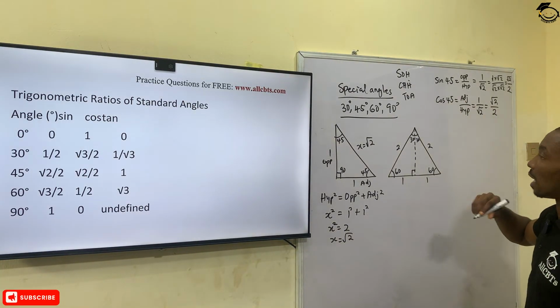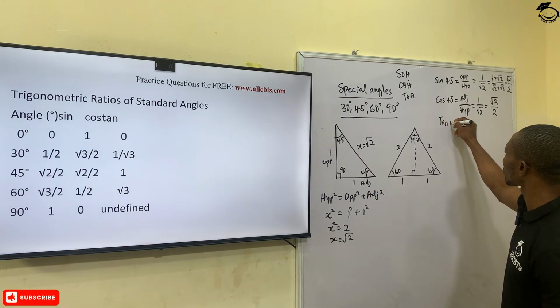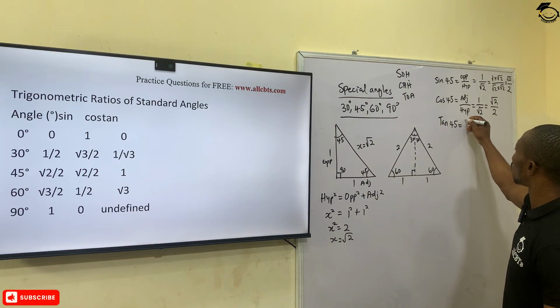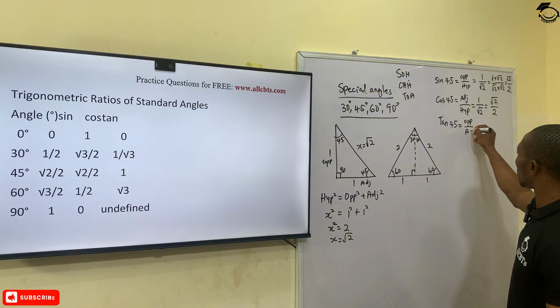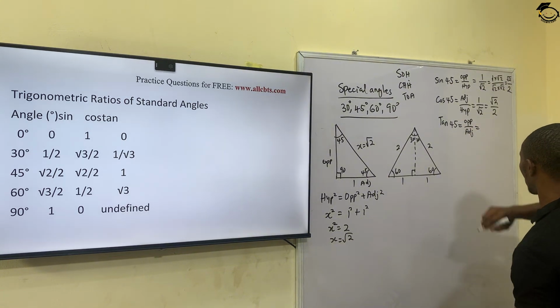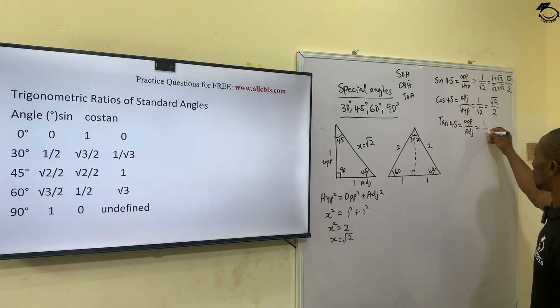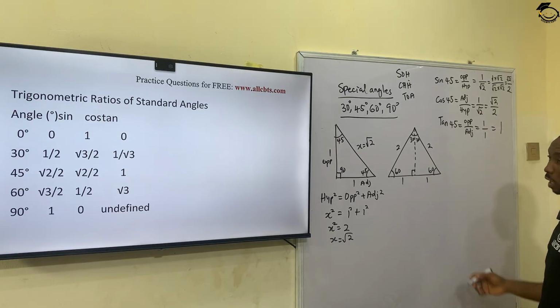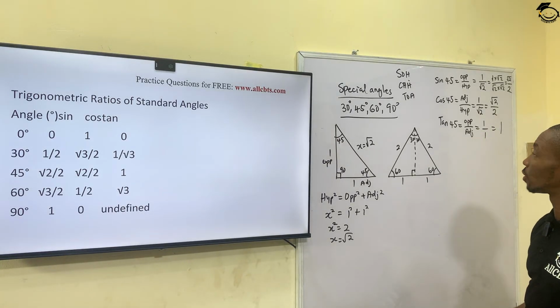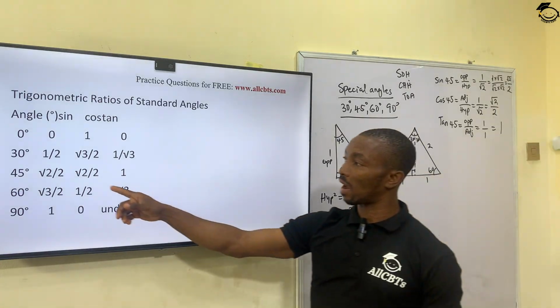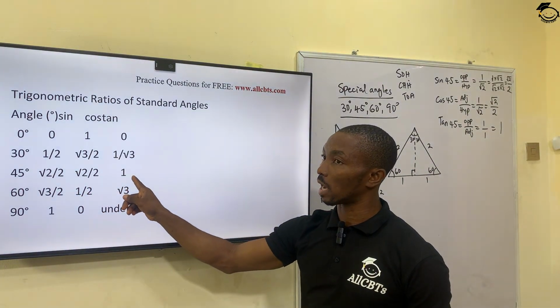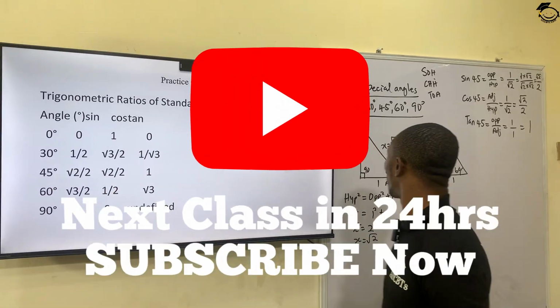Now, looking at tan 45, which is opposite over adjacent, opposite is 1, adjacent is 1, which is 1. So our tan 45 would give us 1. So that's how we arrive at all these values for 45 degrees.